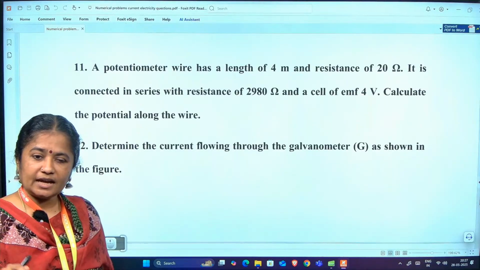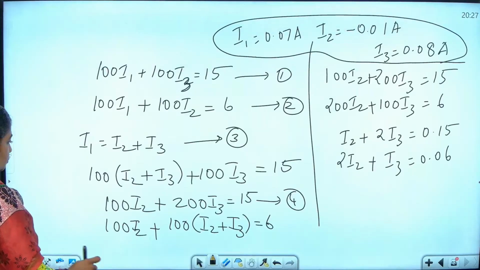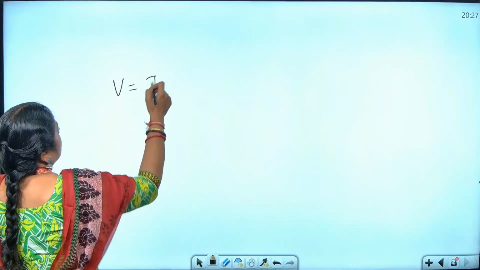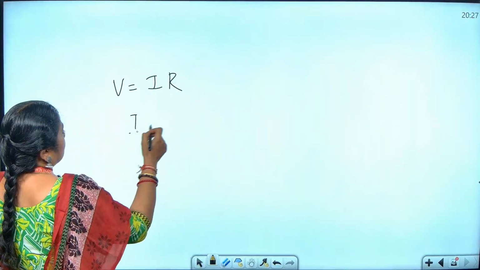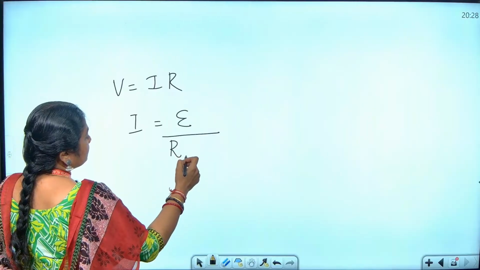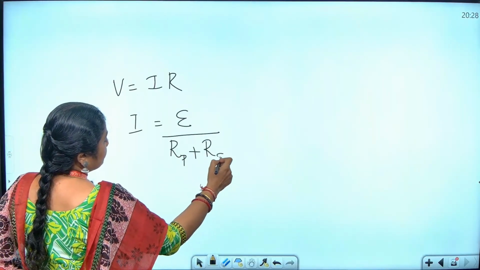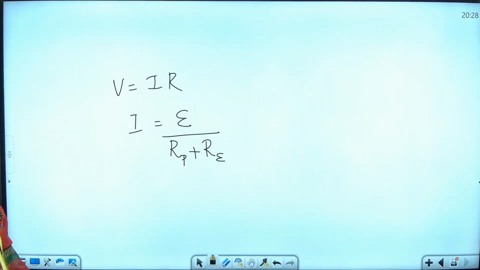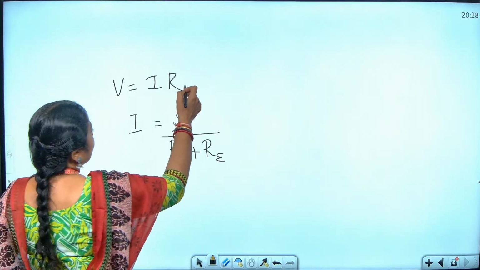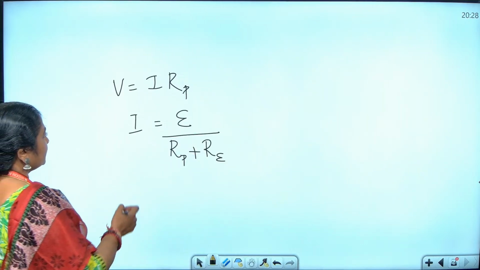Now how to calculate I? I is equal to the total EMF supplied divided by the two resistances in series. One is for the potentiometer, the other is the external resistance that you have connected. Now substitute and find out.